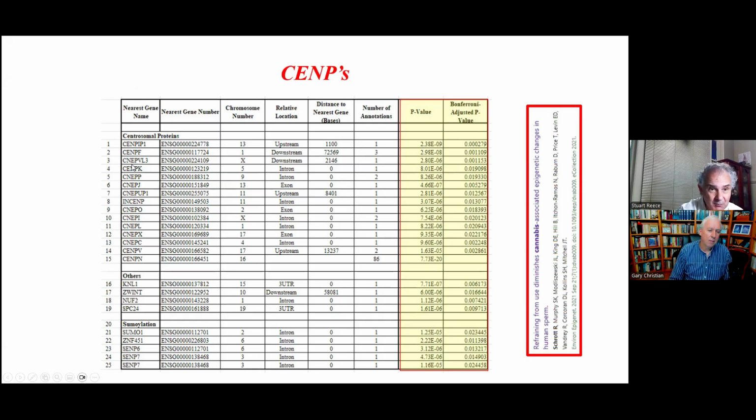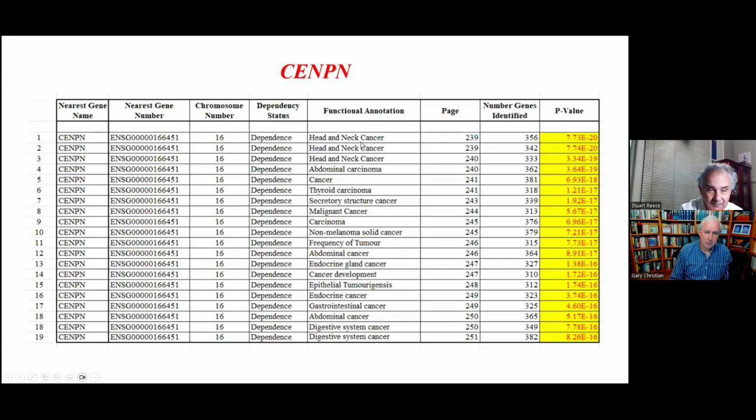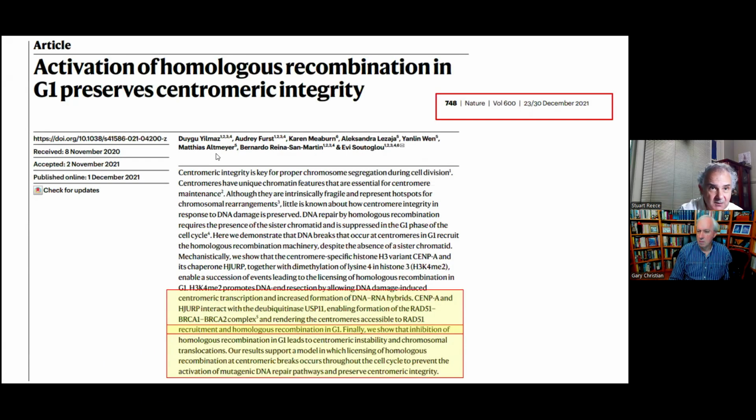These are the centrosomal proteins here: CEP I, CEP V, CEP K, CEP N, CEP X. And these are some of the other ones that perform key functions on the chromosomes. CEP N had so many hits at very high levels of significance. It forms a key function in the kinetochore, which holds the chromosome on the spindle.